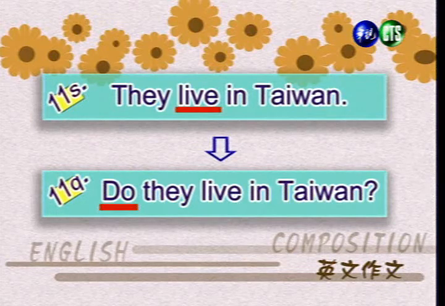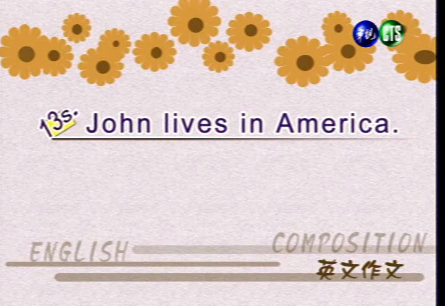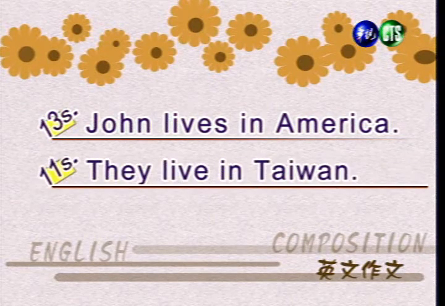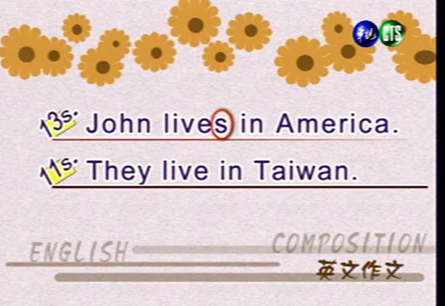Right, now take a look at sentence 13. On page 17, we have John lives in America. Right, so now this is very similar to sentence 11. All right, but notice that we have an S at the end of lives. And so this is because we add S to third-person singular sentences.